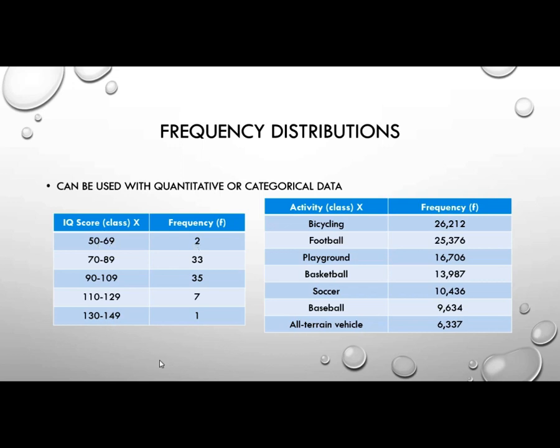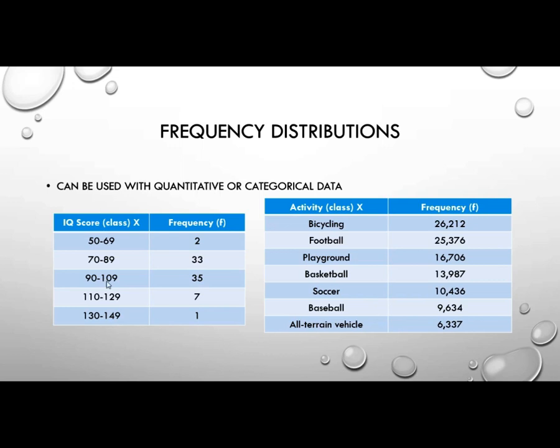We have 2 people with that IQ. We have 33 with 70 to 89 as their IQ, and so forth. You can see that the hump is somewhere between these two numbers. So I would imagine that the median or the mean fall somewhere in between. Actually, the median, if I could do this really quickly in my head, well, we'd have to have a list of all the numbers, but the mean would be somewhere in between these two.